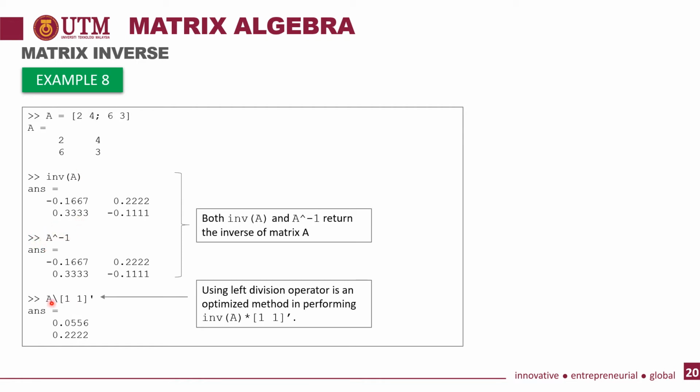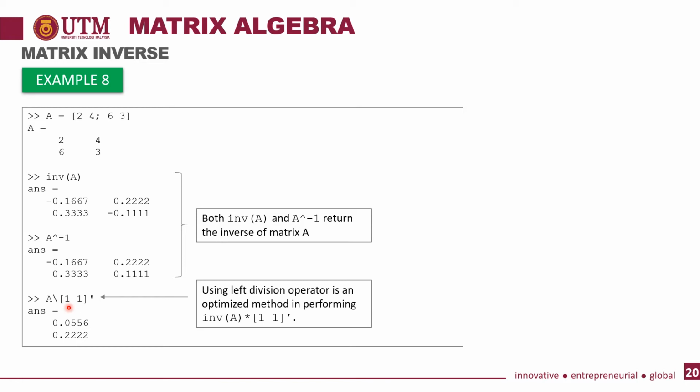The third one is A with the left division operator, which is actually A inverse multiplied by 1 transpose. Usually when we want to multiply the inverted matrix by another value, we use the left division operator, because it is easier for us to detect. So we use the left division operator if we want to multiply the inverse with another value.